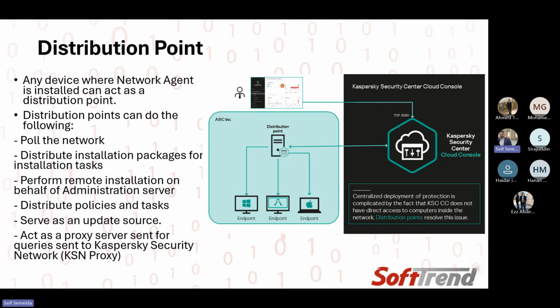And you can also, as I mentioned, distribute policies and tasks and use it as an update source to different applications or operating systems on your devices. And it finally acts as a proxy server between your network and the Kaspersky Security Network.